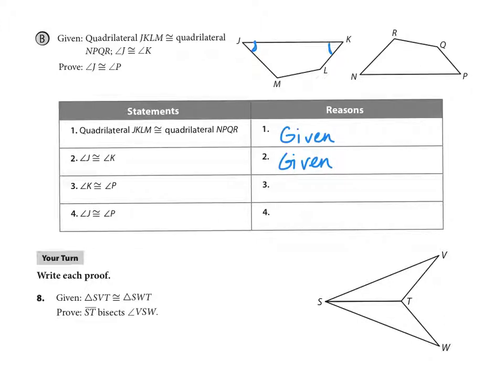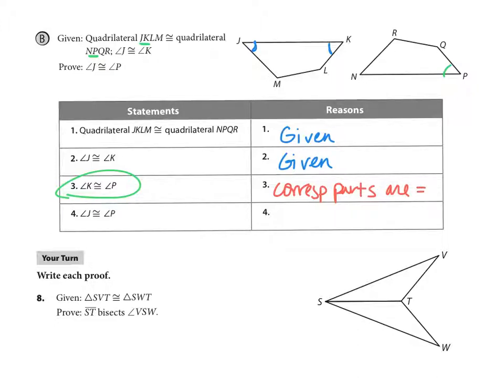Some other things that they're going to tell us: in this next statement, they tell us that K is congruent to P. And we know that K is congruent to P because of this congruent statement. K and P are both in the second spot there. So the reason is that corresponding parts, we're shortening this reason, are congruent.